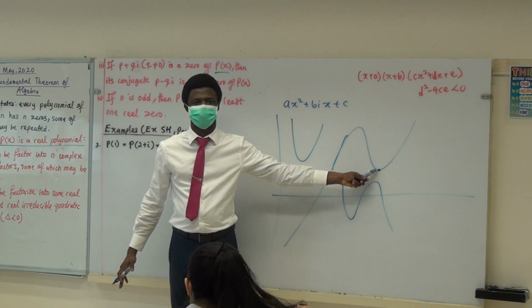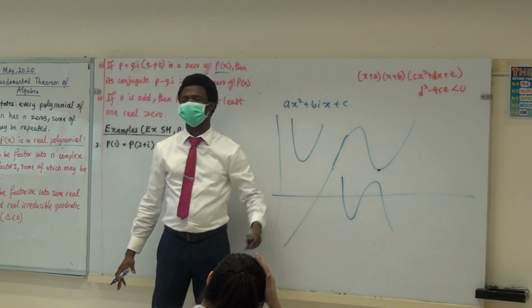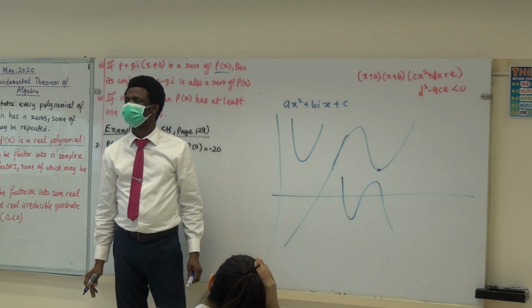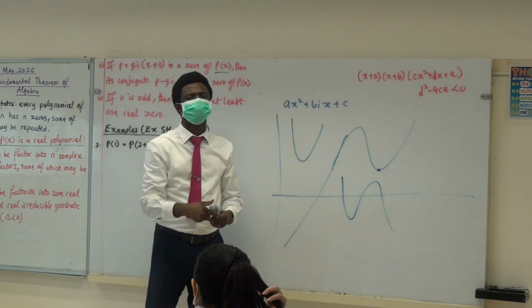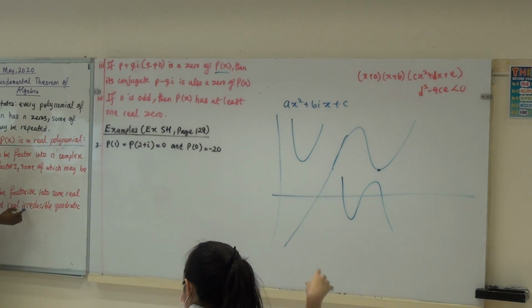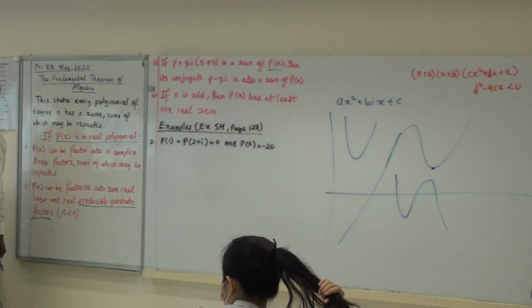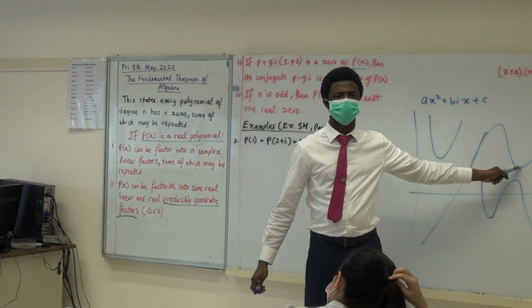In your cubic function, what do you think is responsible for this part that you're looking at? A quadratic factor with discriminant less than 0. This one. This is what's responsible, the irreducible quadratic factor.